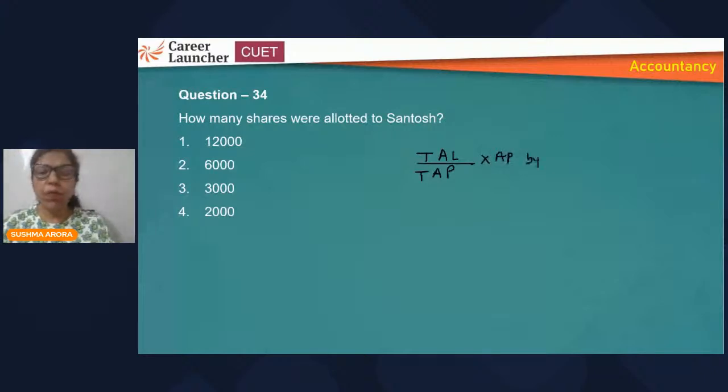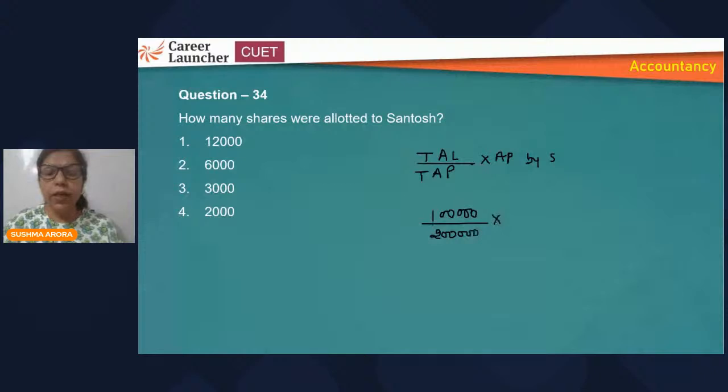So here total allotted shares are 1 lakh, but total applied are 2 lakh and applied by Santosh are only 6,000. So we can say that number will be 3,000 shares which are to be allotted.